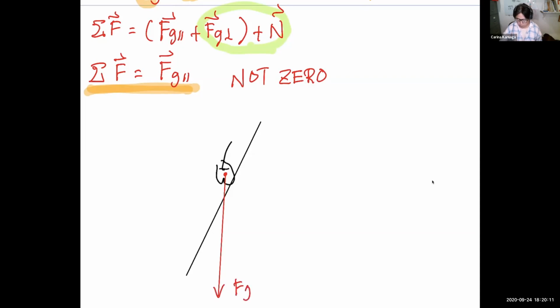But when you decompose the gravitational force, now maybe this is perpendicular to the surface. So I want you to draw this in your notes. I want you to practice decomposing the gravitational force vectors into perpendicular and parallel.